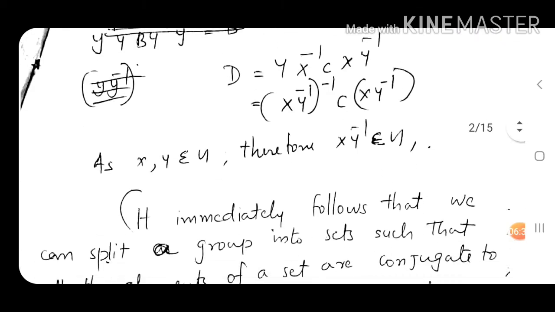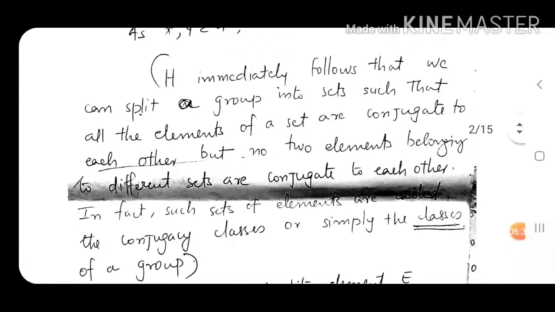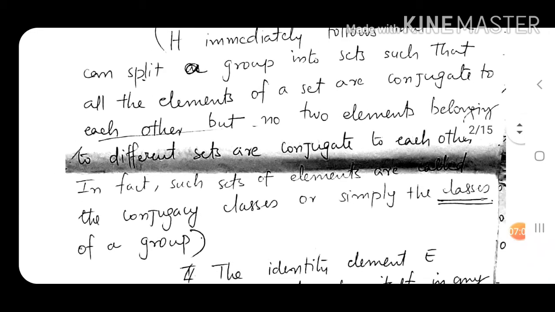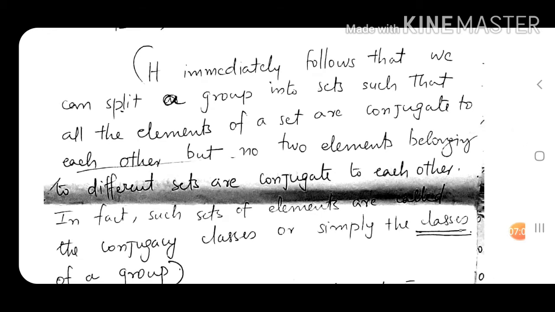So it immediately follows that if we have a group with us, we can split that group into sets, such that all elements of a set are conjugate to each other, but no two elements belonging to two different sets are conjugate to each other.